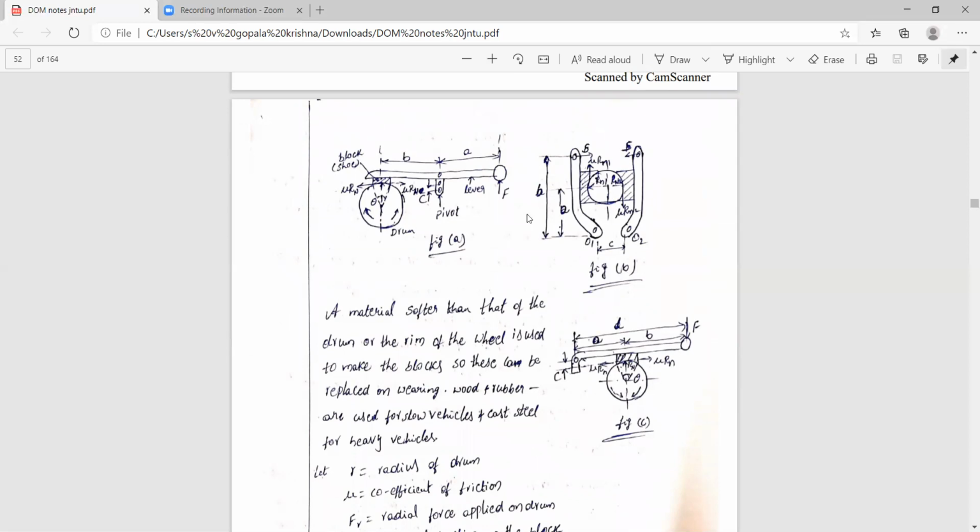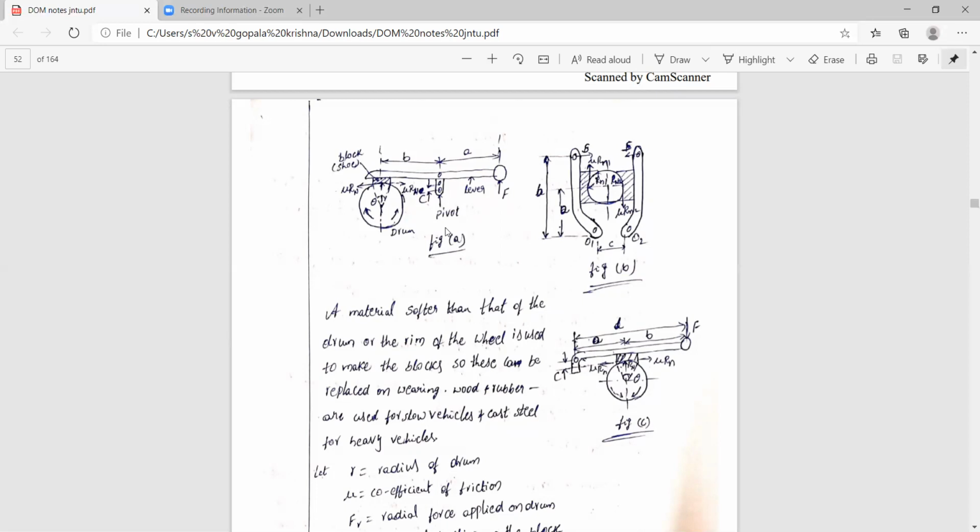Why do we take figure A and figure C as the single shoe brake? Because there is a small amendment between figure A and figure C. In figure A, the pivot point is arranged at the mid of the lever.